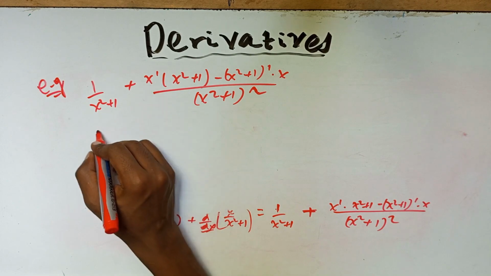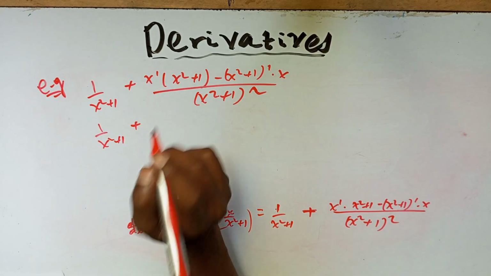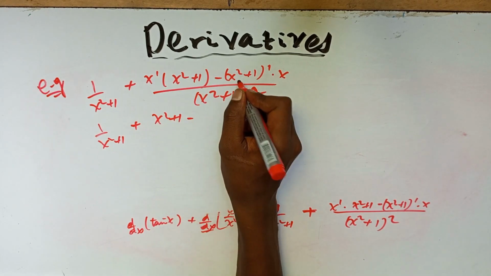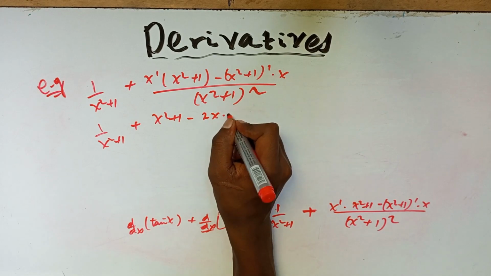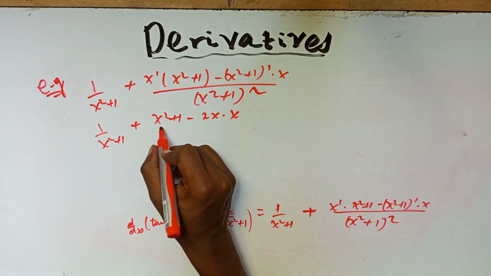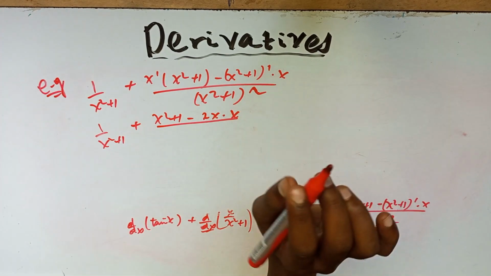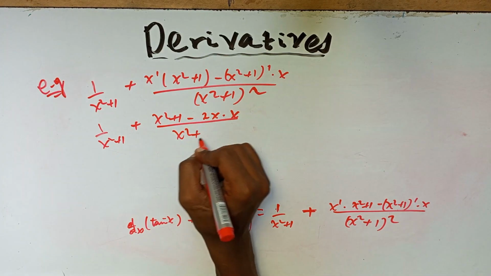The derivative of x is 1, so it is x square plus 1, minus the derivative of x square, which is 2x, times x. The derivative of the constant is 0, because of that I left it out, over x square plus 1 the whole square.